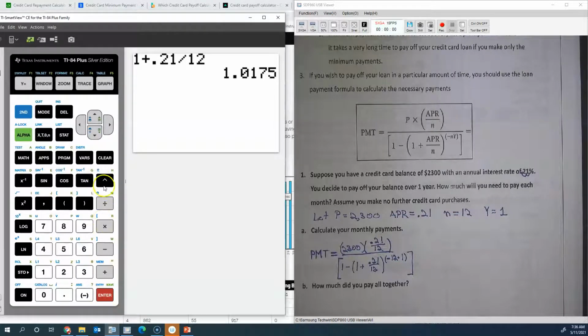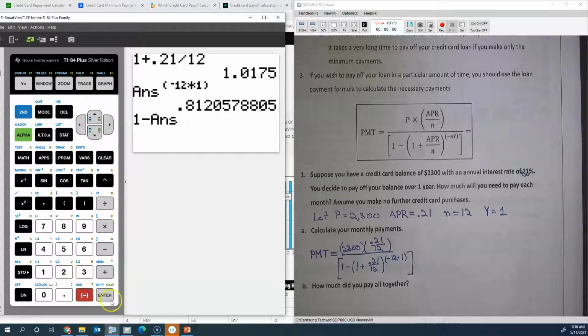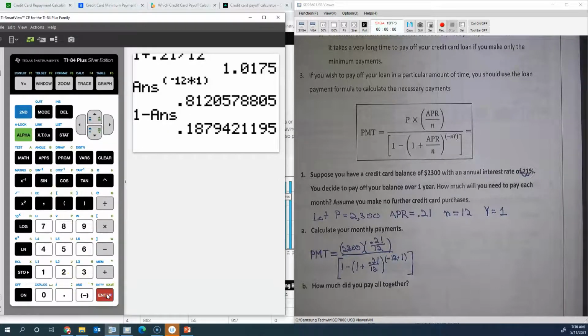Then do your exponent. Parenthesis, negative 12 times 1, or just negative 12. Enter. 1 minus second answer. And that's where you should be. That's the denominator.